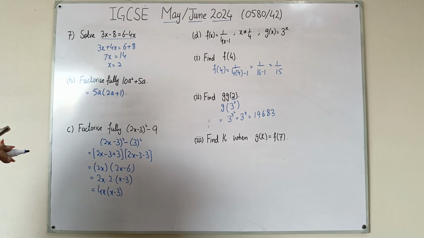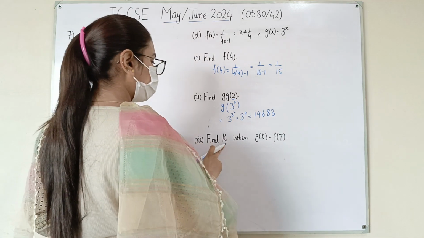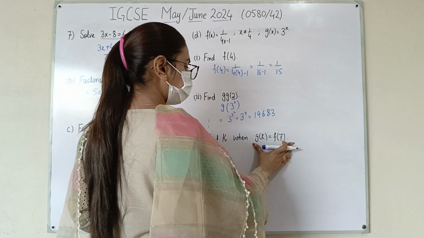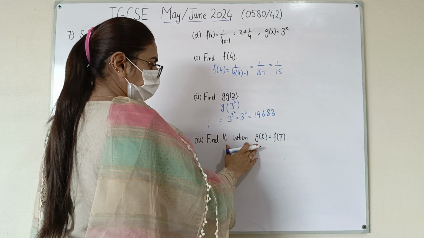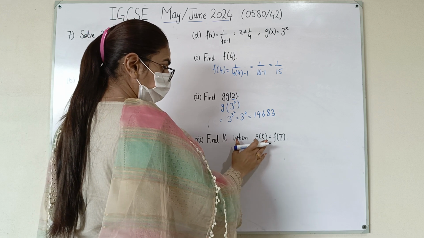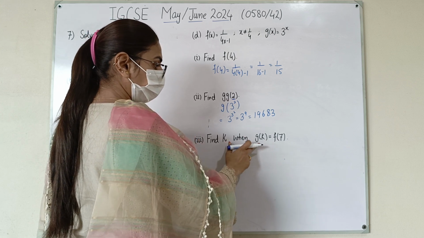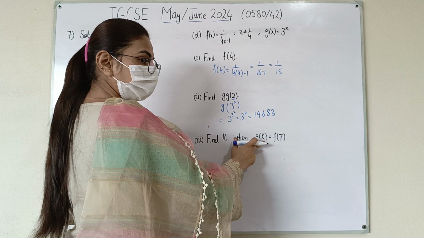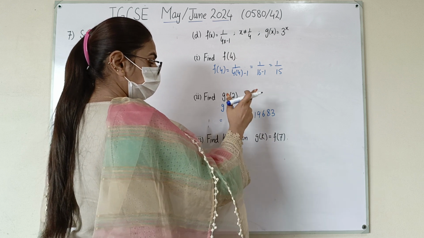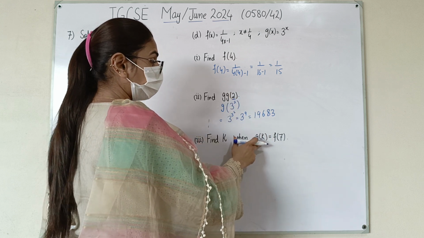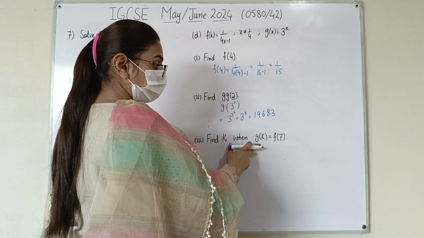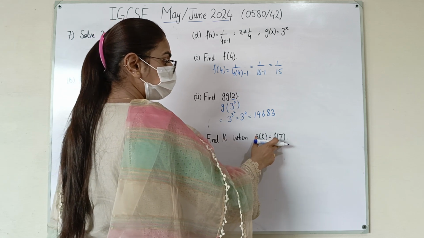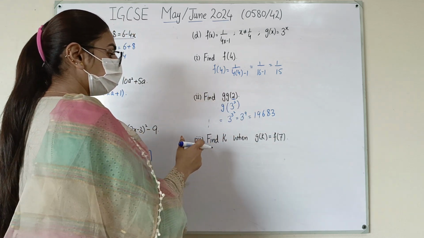In part number 3, he is asking you to calculate the value of k while he has given you a certain condition. He wants you to solve g and f in such a way that you have to put k in place of x in function g, whereas you have to put 7 in place of x in function f.